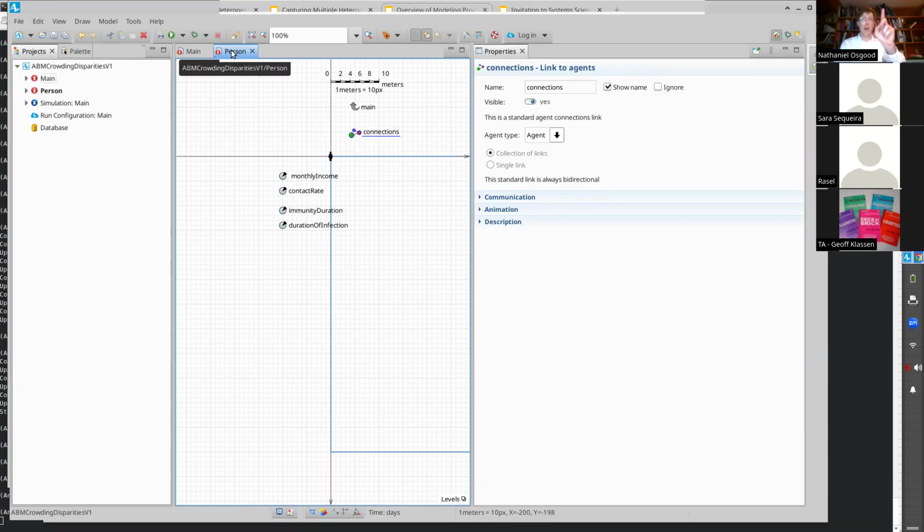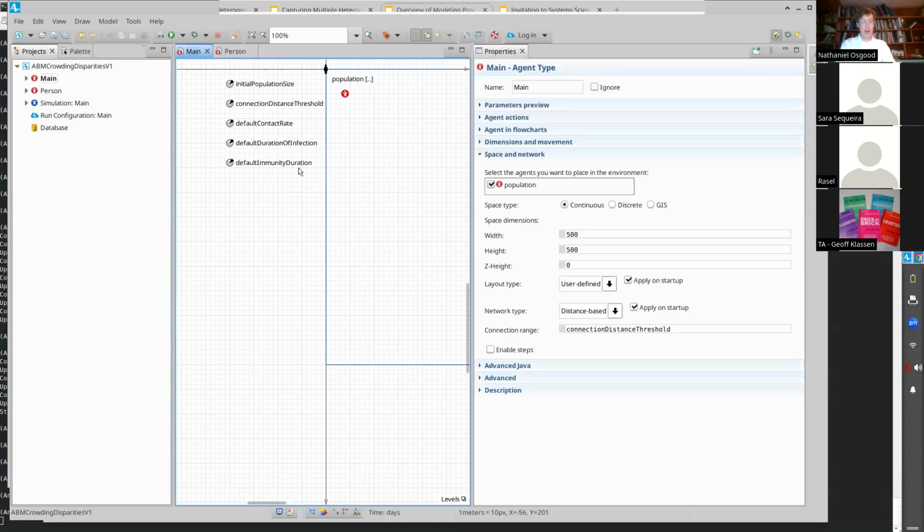So we went to person. Notice I'm in person, I'm not in main. This is extremely important. I'm currently focused on person. In general, as I said the first day, you want to be clear what your frame is here. Your frame is person. You are setting the appearances of each person's connections. You don't want to get confused, because main also has connections as an agent.